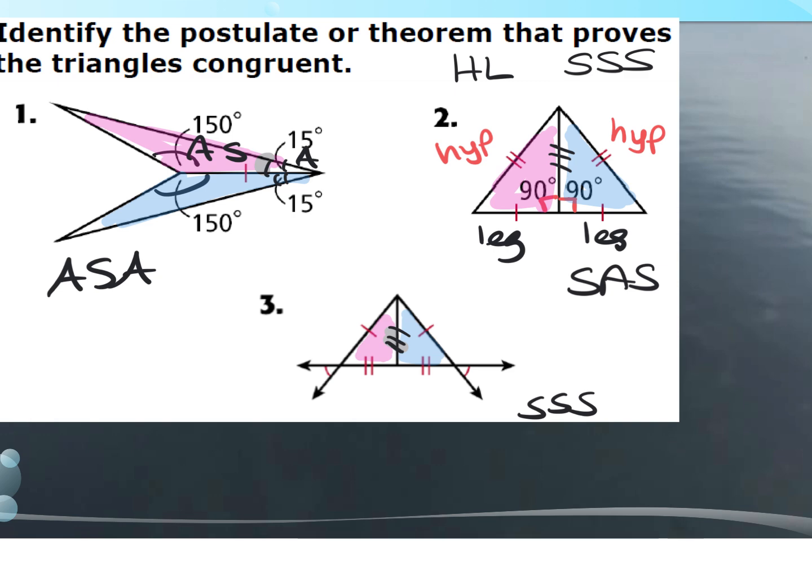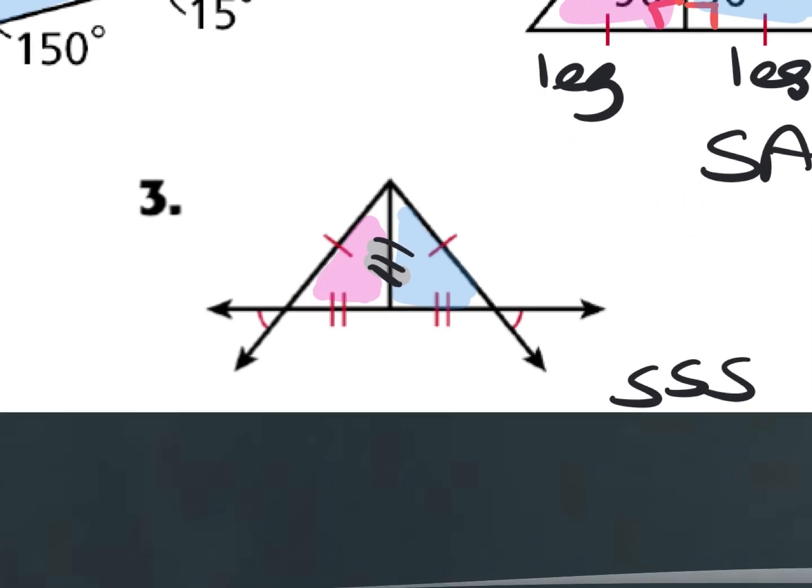Now notice I've got some congruent vertical angles here. So if this one is congruent to this one, and then we can also bring in the fact that they're vertical angles, then I have another congruency mark between the pink and the blue, and I could show side angle side here.